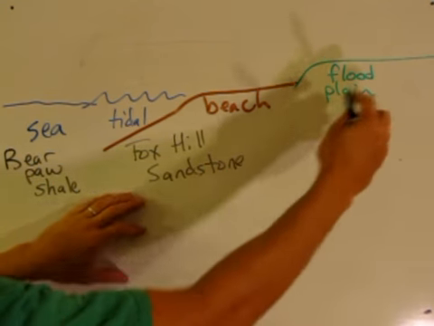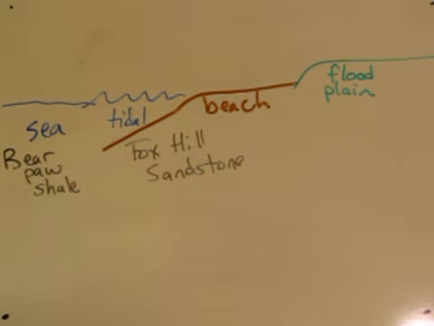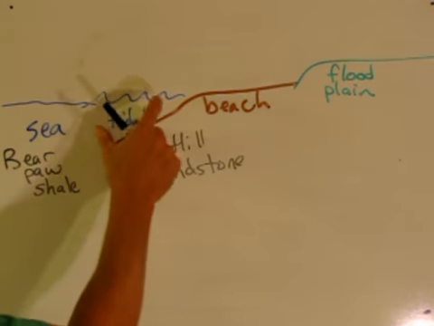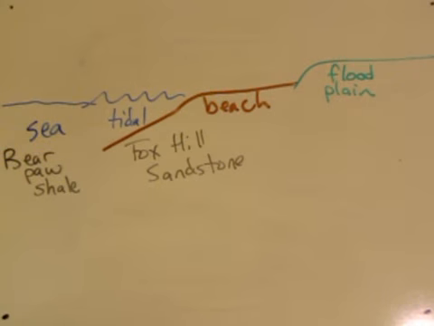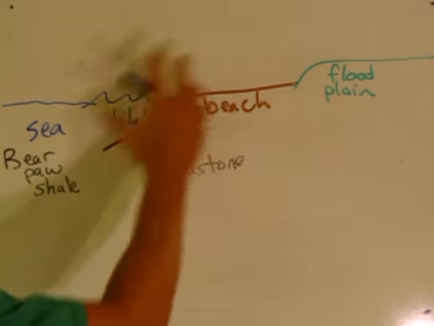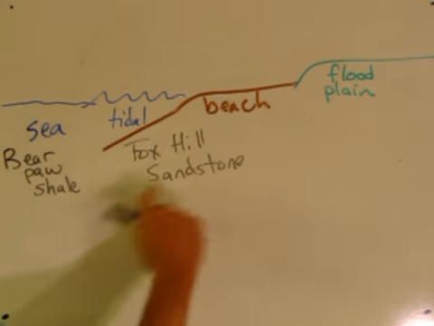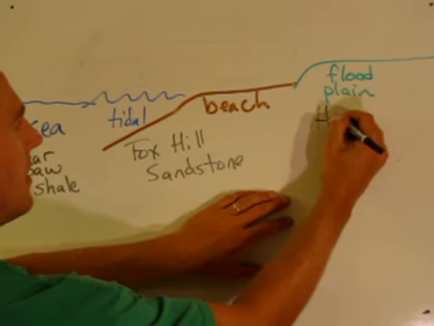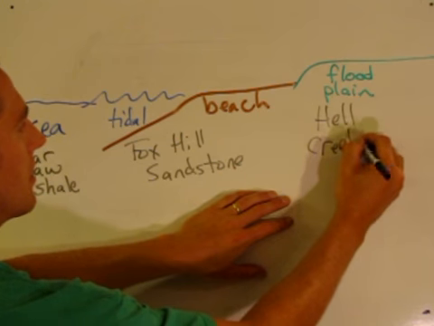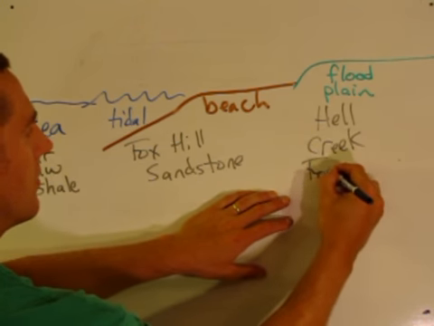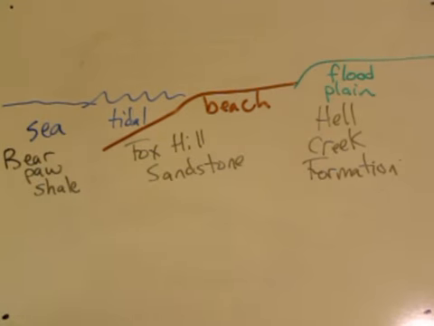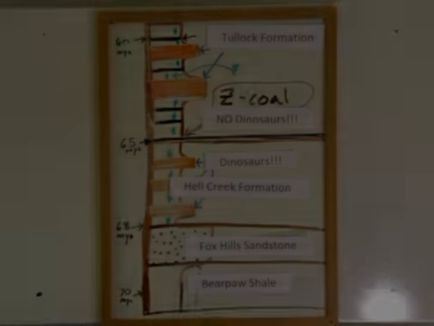So tides or sometimes rivers would cut through a beach or an estuary where there's a river connecting a sea or an ocean and a river on land. So we have a lot more water activity creating sandstone. And this final region over here they call the Hell Creek Formation.